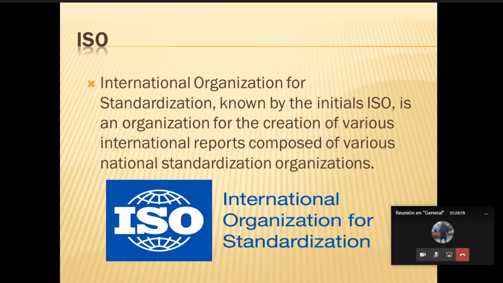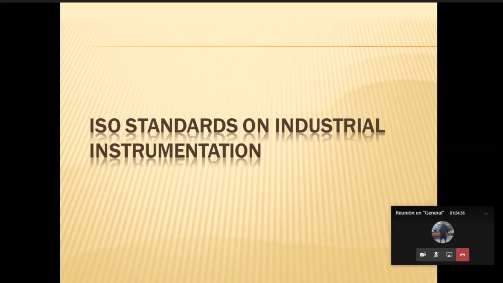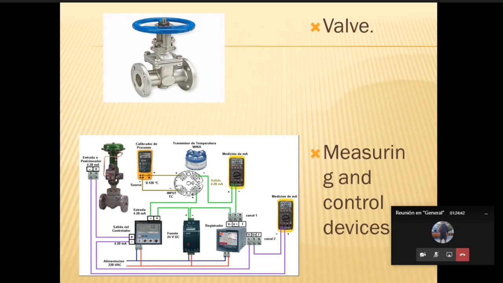ISO is an organization for the creation of various international reports, composed of various national standardization organizations. ISO standards on industrial instrumentation. I'm going to say examples of application about ISO.